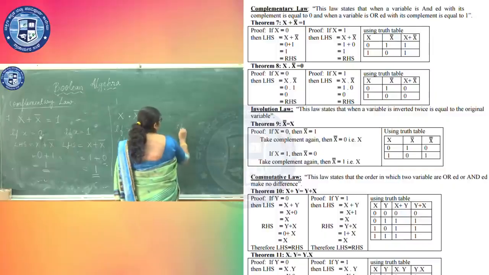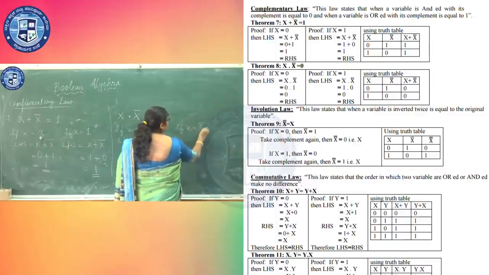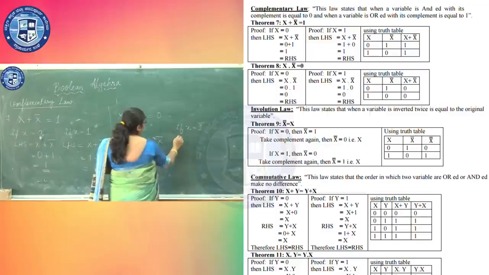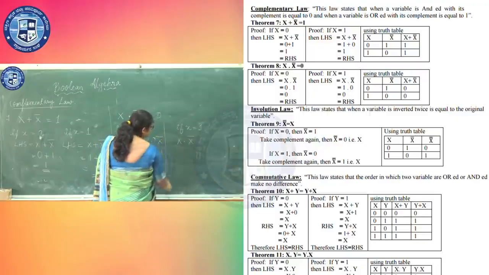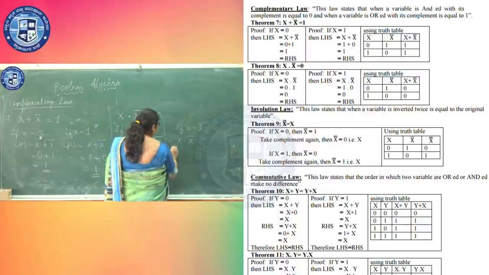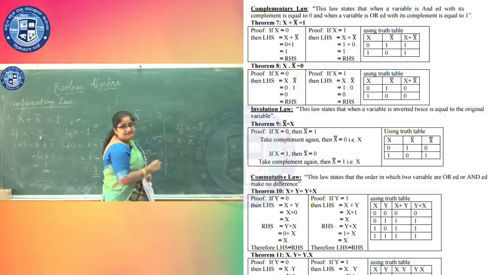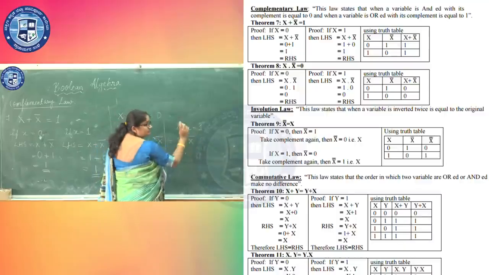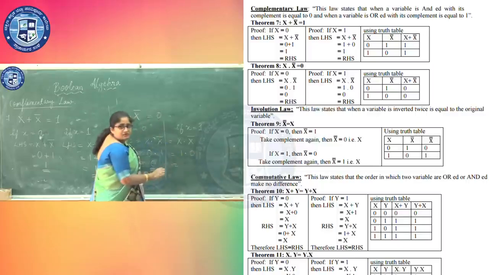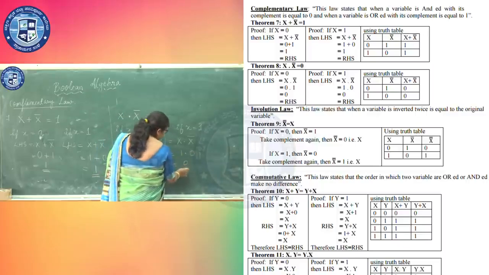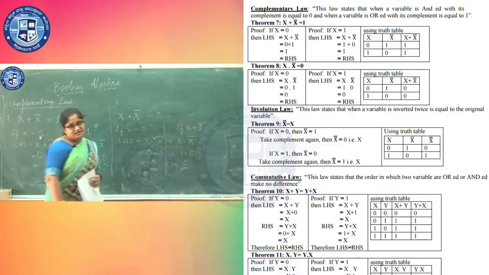Next, if x value is equal to 1, x into x dash, that is the LHS, x value 1 and 1 bar is 0, 1 and 0 is 0, which is the RHS.